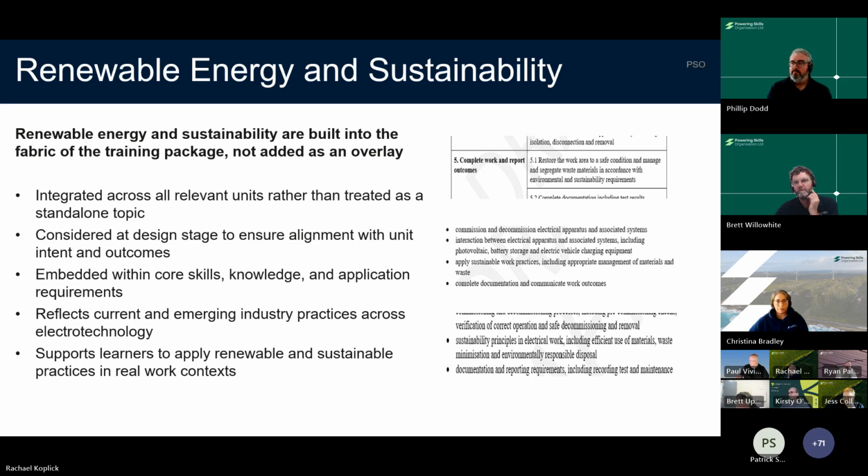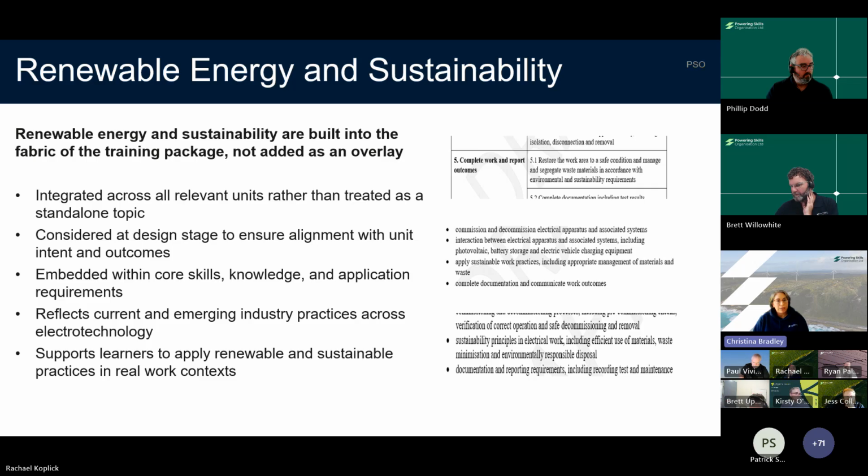Christina? Just on this one as well, we've talked about the Cert 2 and the Cert 3s and how it's been embedded. The renewable energy and sustainability practices will be embedded in units of competency, absolutely, all the way up to your advanced diplomas. These are really important skills that workers need to have, and they vary as you change roles within the industry.